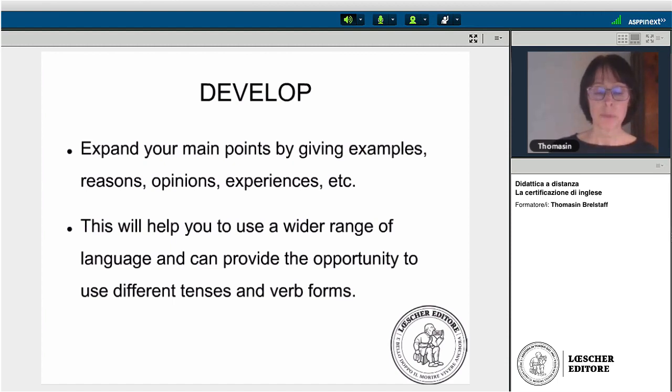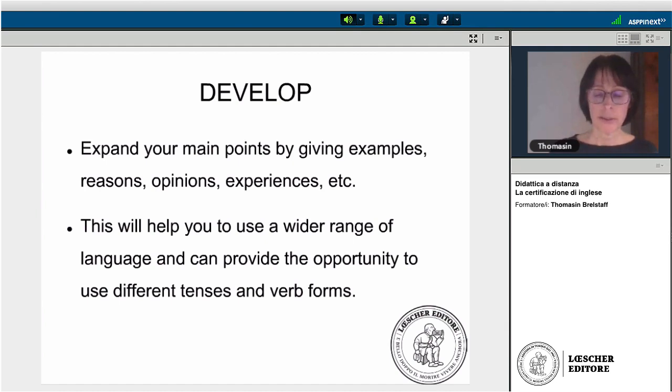Another example from the same task about the future holiday plans. If I have to tell you about my future holiday plans, I'm going to use probably future simple, be going to, maybe present continuous, but I can use some others.